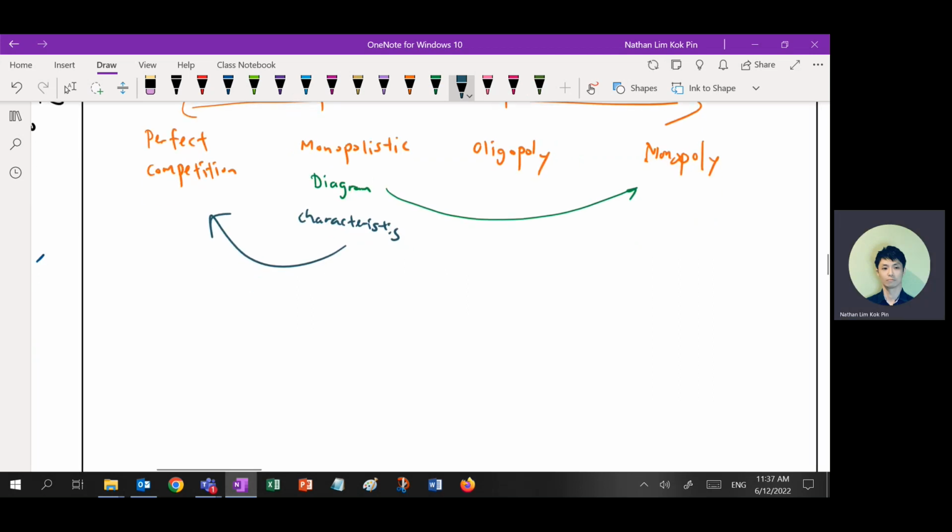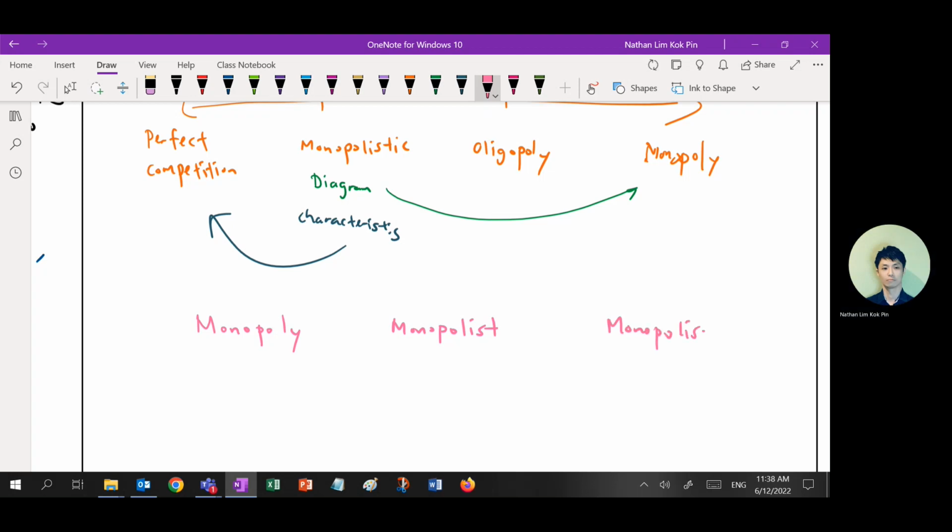Before you continue with the diagram, you need to see the difference between the 3 words. What's the difference between monopoly, monopolist, and monopolistic? Students always get confused with these 3. That's why they always draw the wrong diagram, even if they know how to draw already. So before you get confused with diagrams, you need to know which one is which.